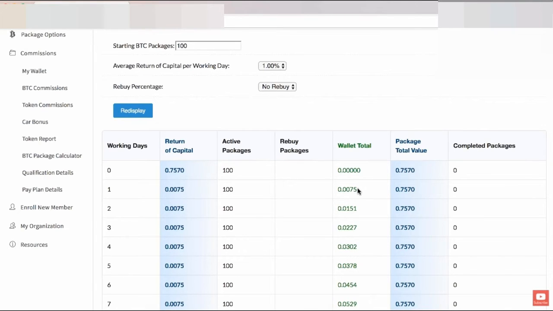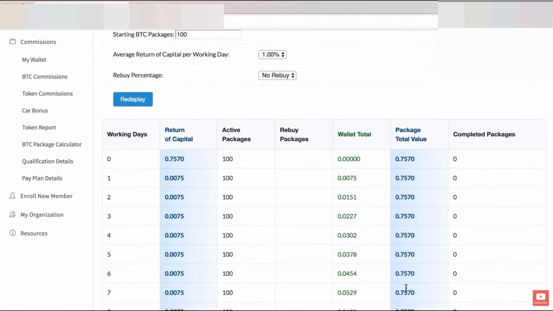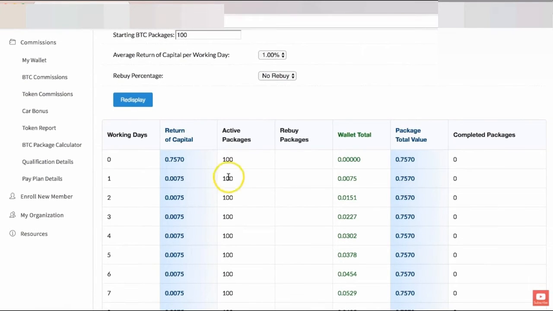This really just means that when you say it's no rebuy, the packs are just working for you to that 140%, which basically ties to the package value, because the package value doesn't increase because you've set it at those 100 packs and you're not rebuying any more packages.